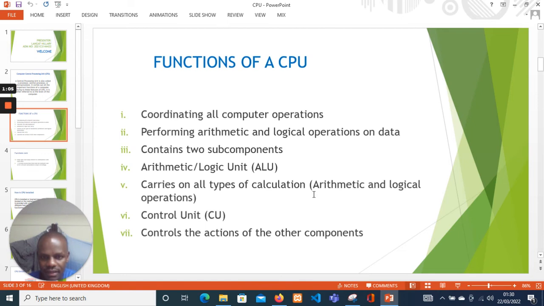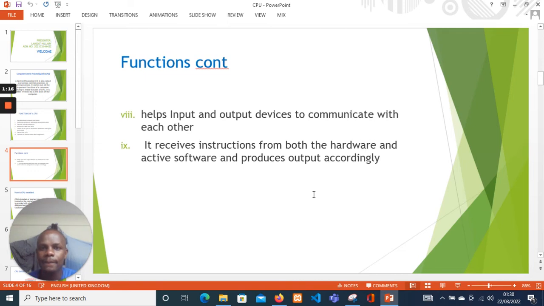It controls the CU, that one is the control unit. It also controls the actions of other components. It helps input and output devices to communicate with each other. And then the last function is it receives instructions from both the hardware and active software and produces output accordingly.